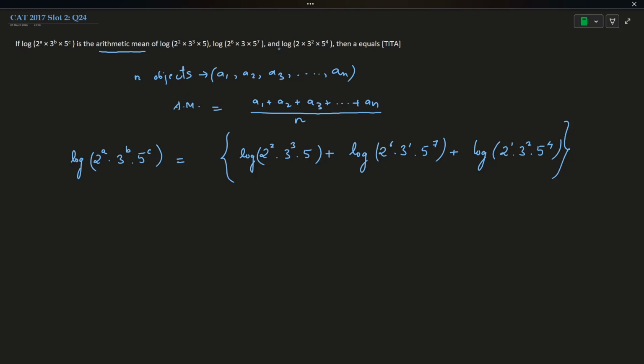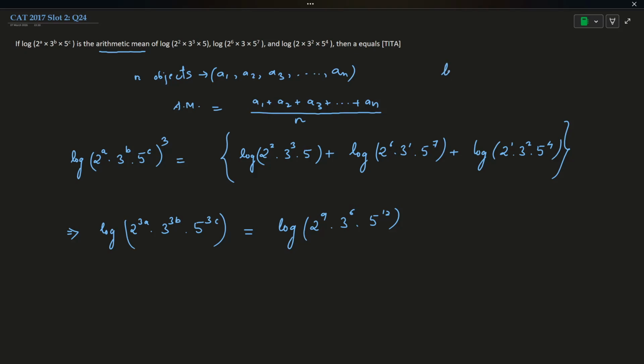So that means log 2 to the power of 3a, 3 to the power of 3b, 5 to the power of 3c is equal to log 2 to the power of 2 plus 6 is 8, so 9, 3 to the power of 3, 4, 5, 6, 5 to the power of 11, 12.